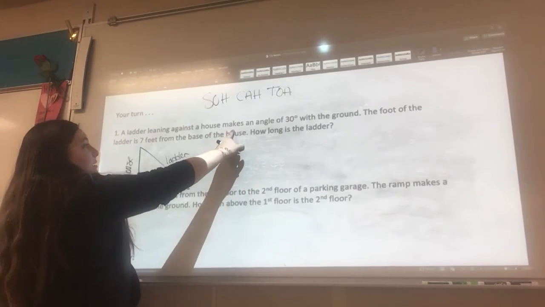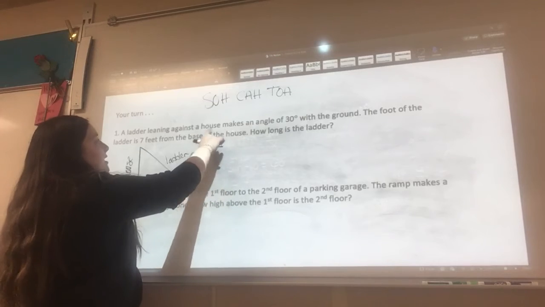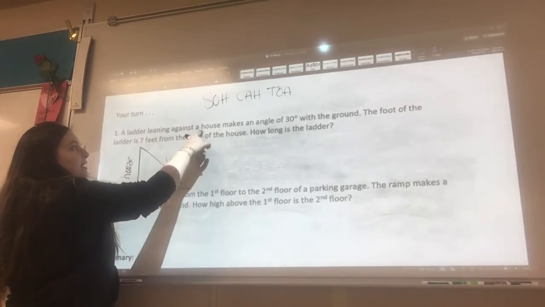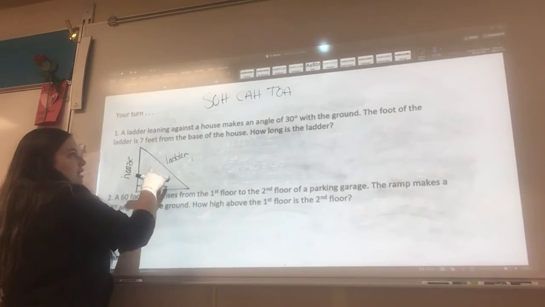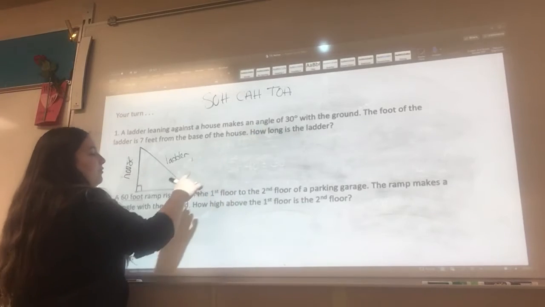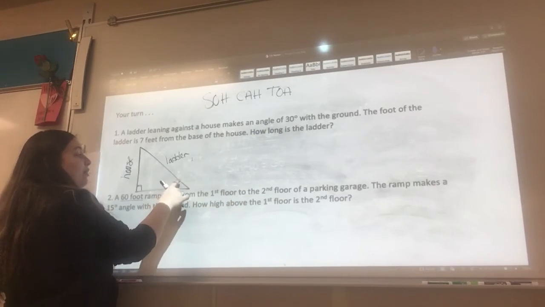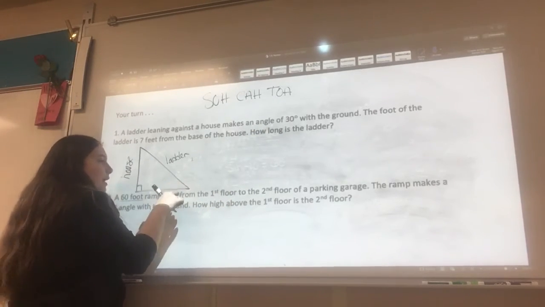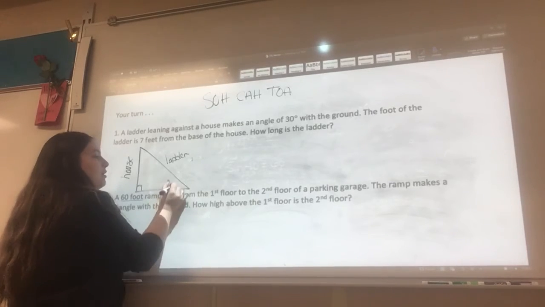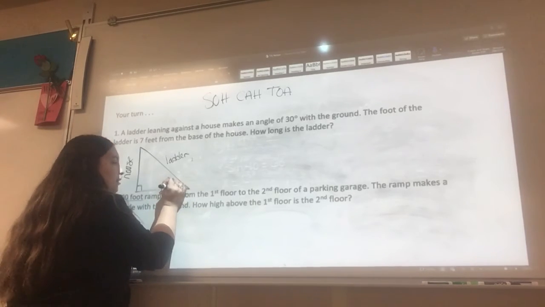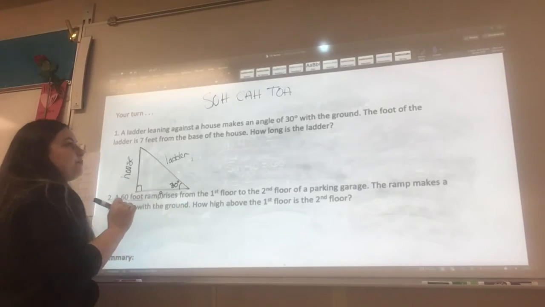The ladder leaning against a house makes an angle of 30 degrees with the ground. So from ground, so this is our ground, to ladder is 30 degrees.